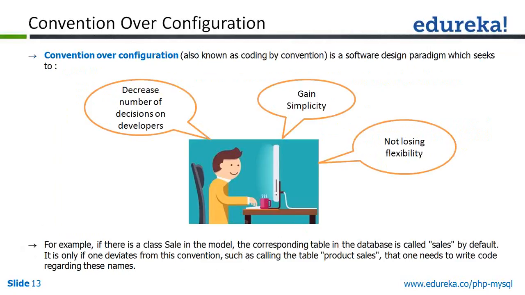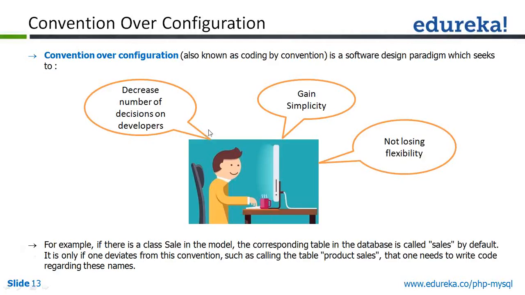The same way, there is another principle, convention over configuration, or coding by convention. It is a software design rule or paradigm which seeks to decrease the number of decisions on developers, gaining simplicity without losing flexibility. Forget about all these things.